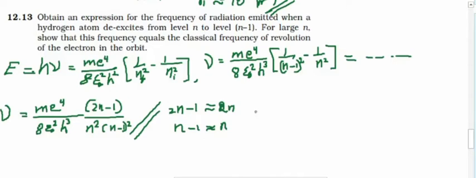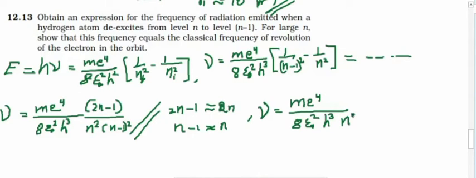So accordingly, the frequency formula becomes nu is equal to m e power 4 divided by 8 epsilon naught square h cube into, in the denominator you get n cube, and in the numerator 2 will remain, into 2. This is the frequency for a large value of n.